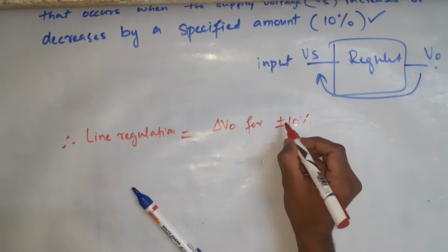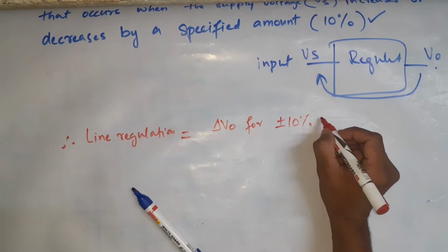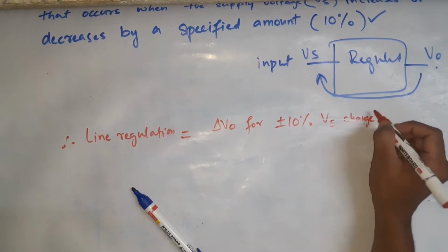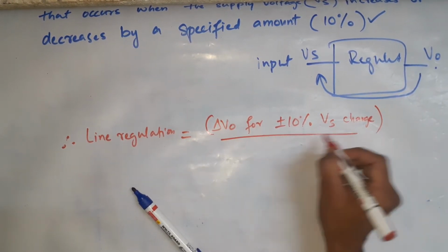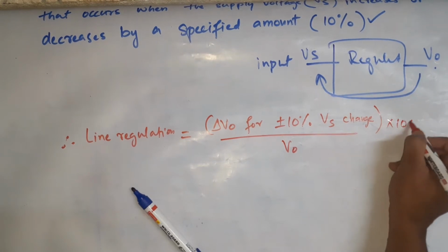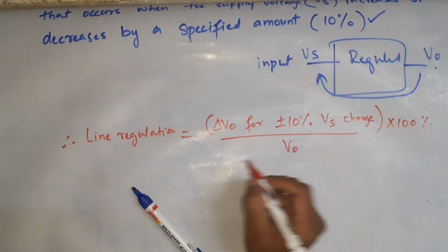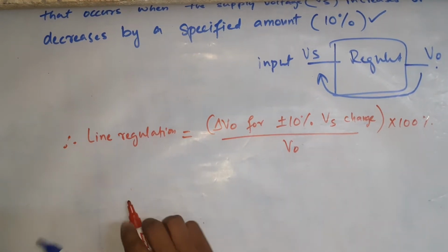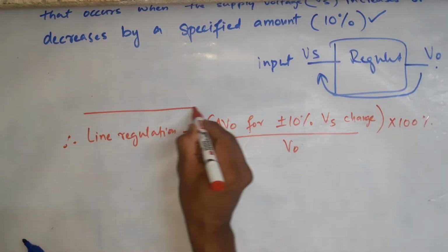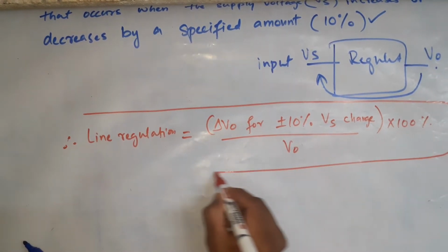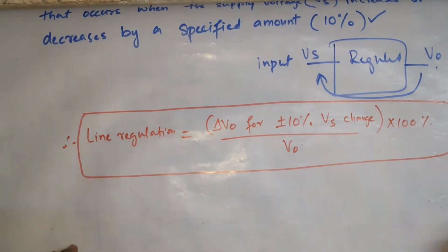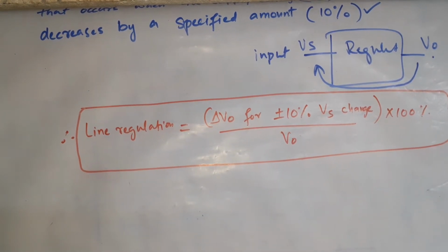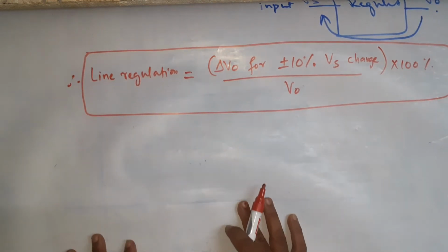Plus or minus because it can increase as well as decrease. I want you to remember this formula. This is how you will get line regulation. This is a very important parameter. Okay. Now let us see another parameter, that is load regulation.